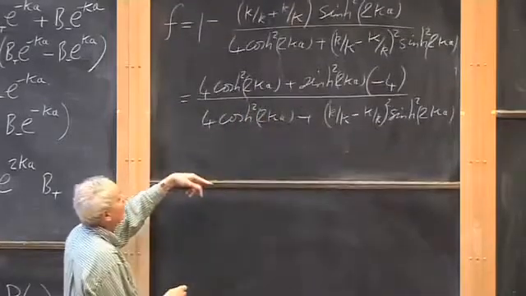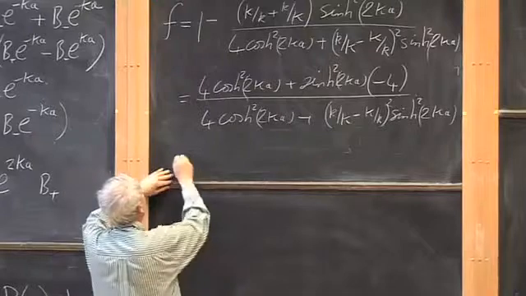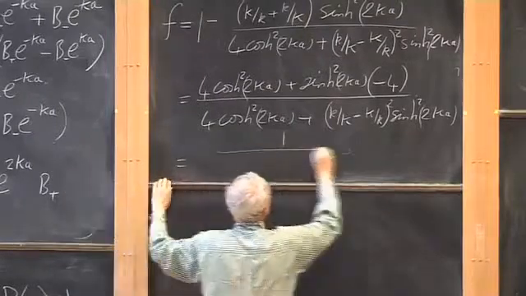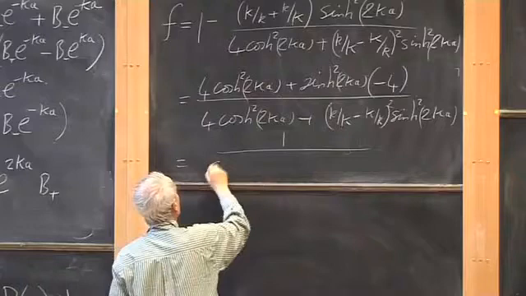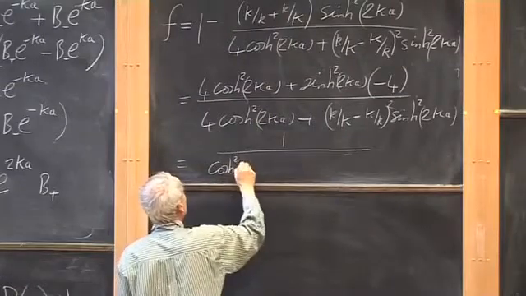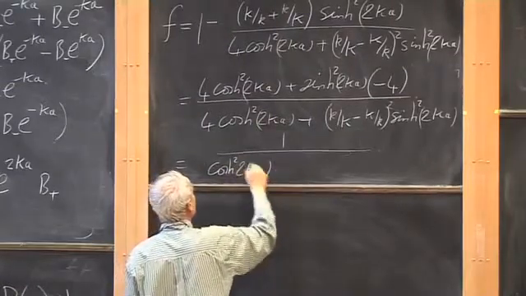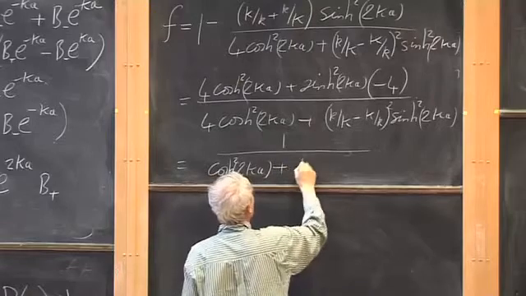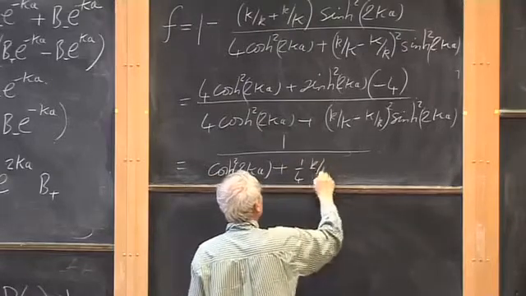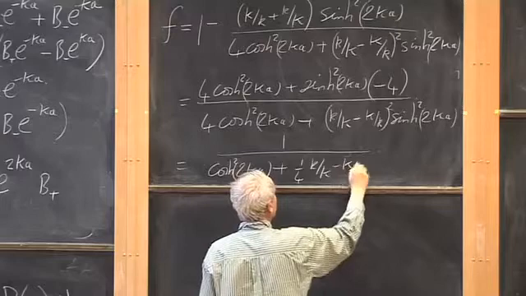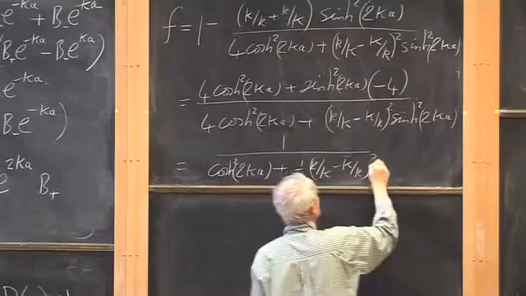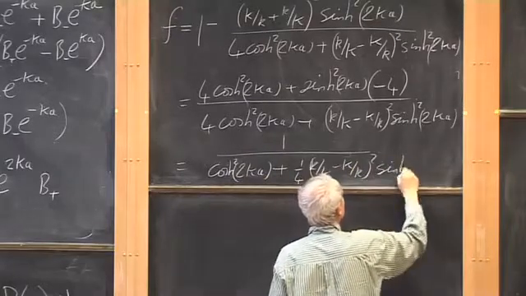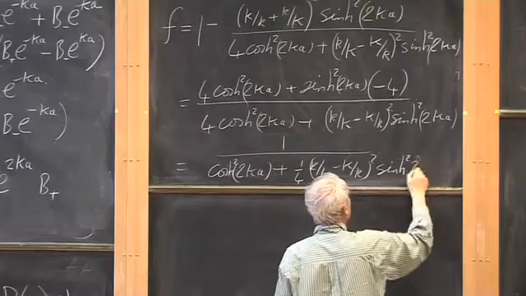So the 4's can be cancelled, and this actually is nothing but 1 over. So the fraction is 1 over cosh squared 2ka plus a quarter of k over k minus k over k, squared, sinh squared 2ka.